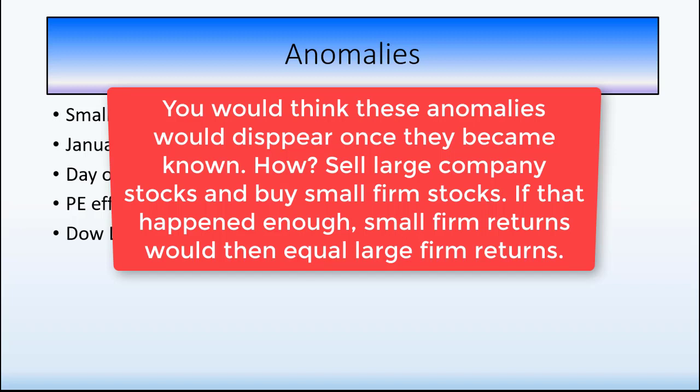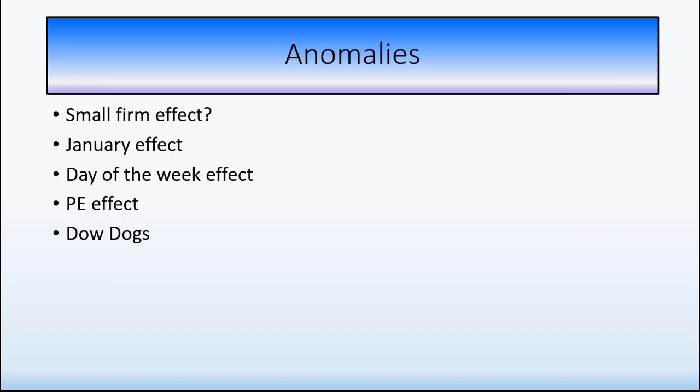Now, there's also a day of the week effect that says Mondays tend to be poor. We're looking at the returns from the close on Friday until the close on the following Monday. Those Monday returns tend to be negative, which means you don't want to be selling on Monday. You probably want to be buying on Monday. So what would you want to do?